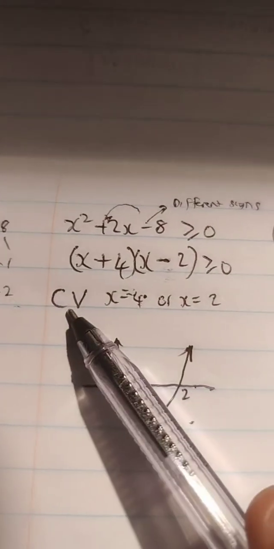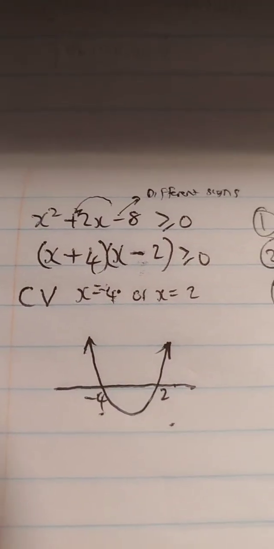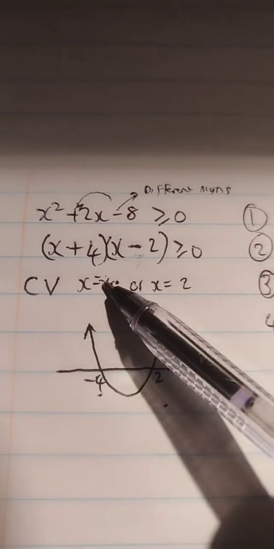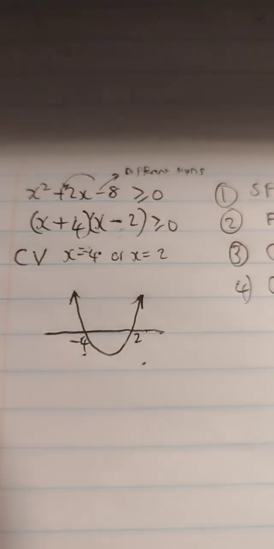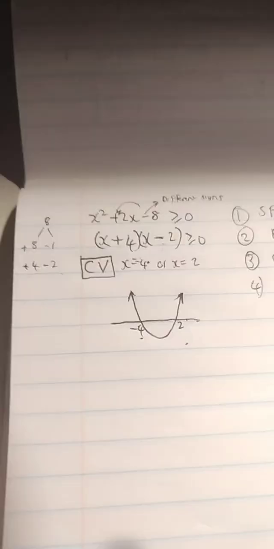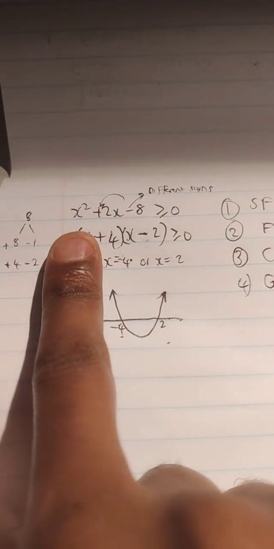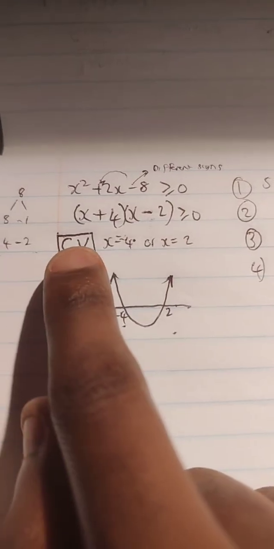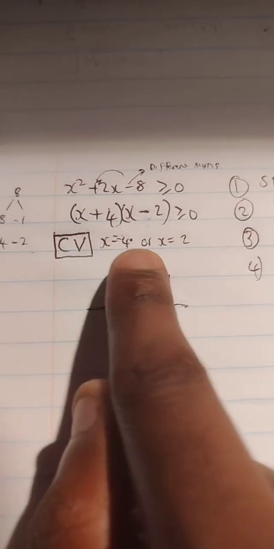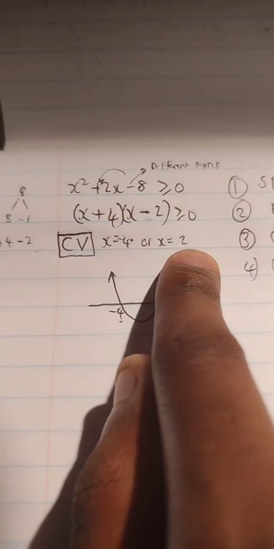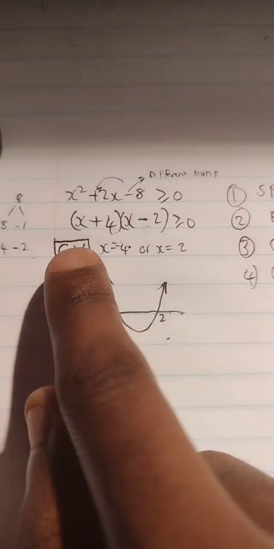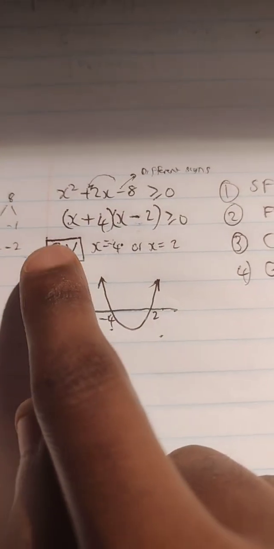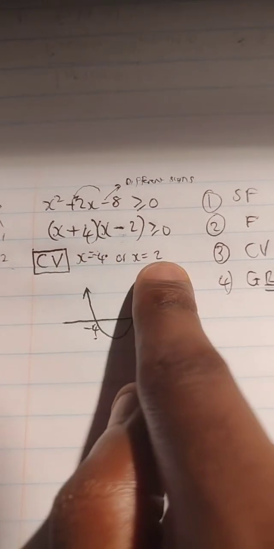So we write CV so that the person who is checking your work knows that you are writing the critical values. You must have this, guys, written. You can't write x is equal to negative 4, x is equal to 2 without stating CV prior to writing these values. Please, as a matter of rule, write down CV and then write this.